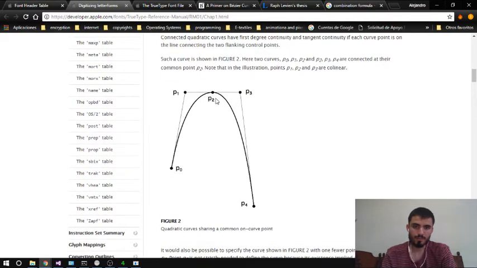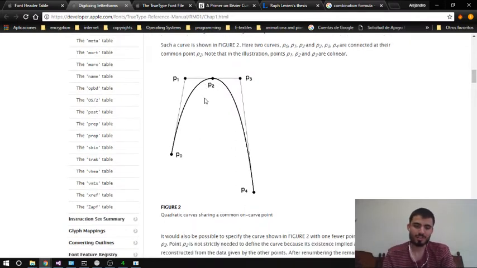Okay, so these are tangents as we saw, this is tangent and this is tangent, and they form the same line. So probably collinear means that they are in the same line, but more fancy.